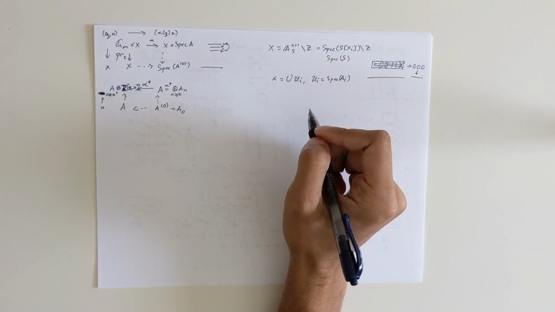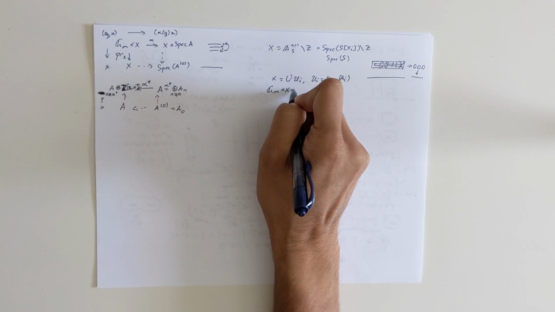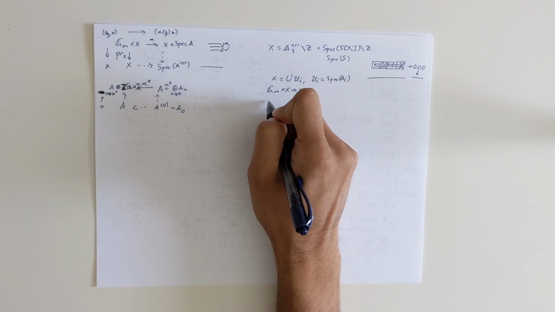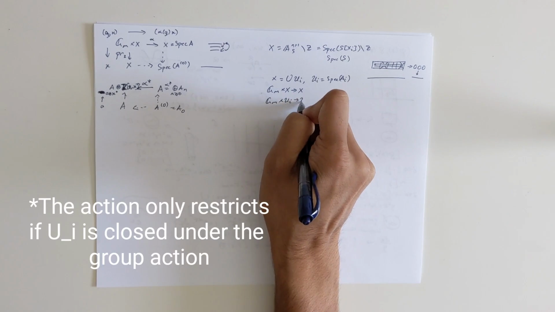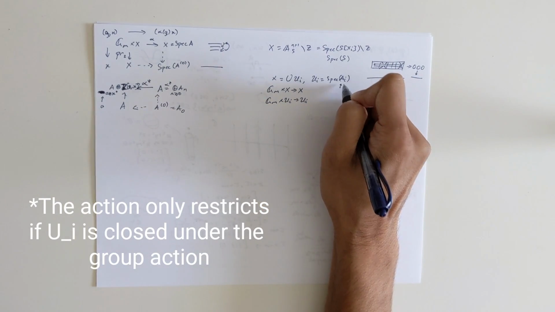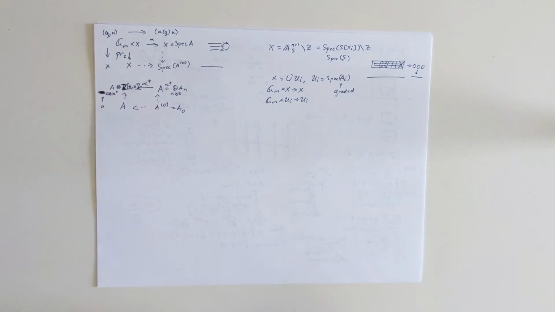And what that means is that this action of G_m cross X to X will restrict to an action of G_m cross U_i to U_i. In other words, each of these A_i will be graded. Okay, so how do we find these affine opens which will suffice for us?